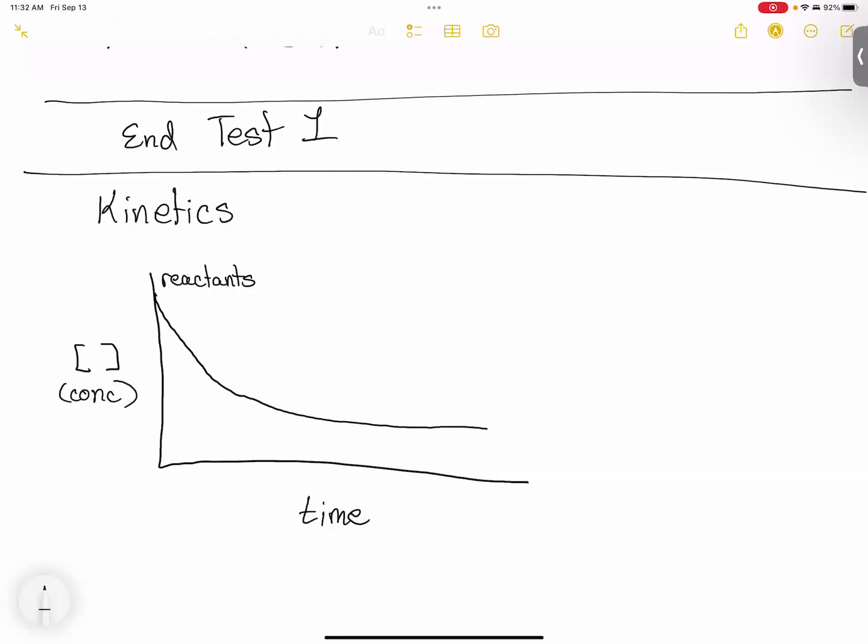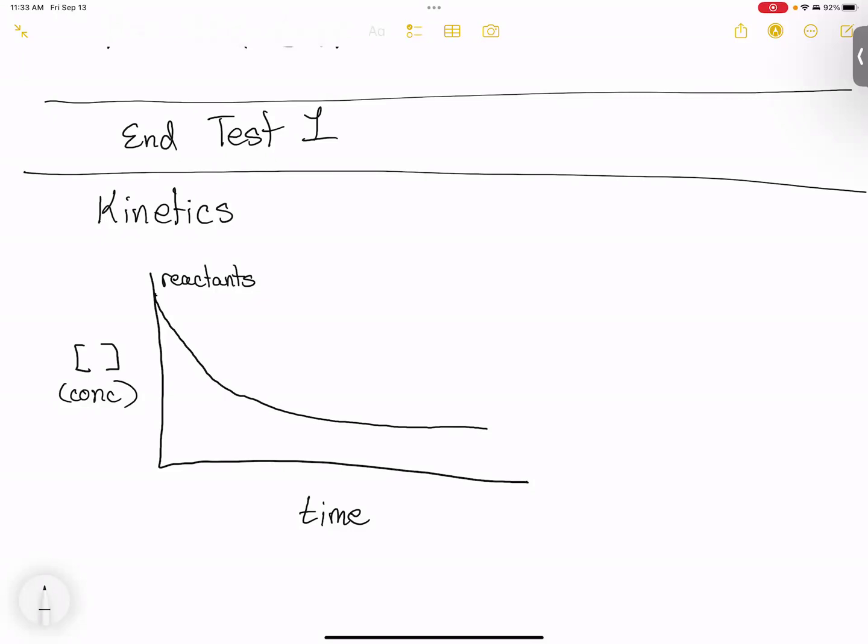This makes sense if you think about a reaction from a collision standpoint. In order for reactants to combine to make products, those reactants have to collide. When you have nothing but reactants in your solution, it's easy for them to collide, because that's all they see is each other.